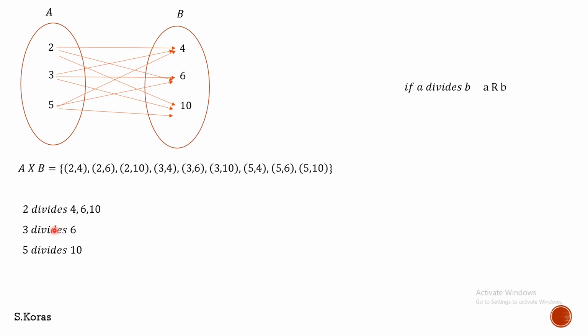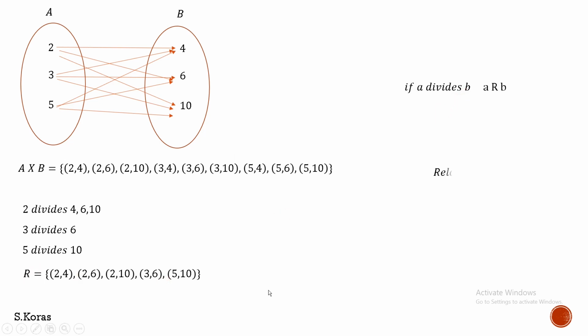So if we put it in a set, our relation will be 2, 4, 2, 6, 2, 10, 3, 6, and 5, 10. All these elements obey the rule a divides b. So from this cross product, we have selected a subset which is obeying this condition, and that subset is our relation.